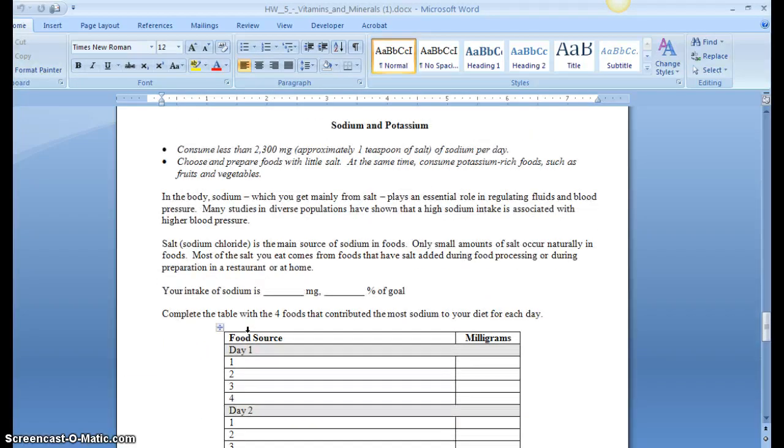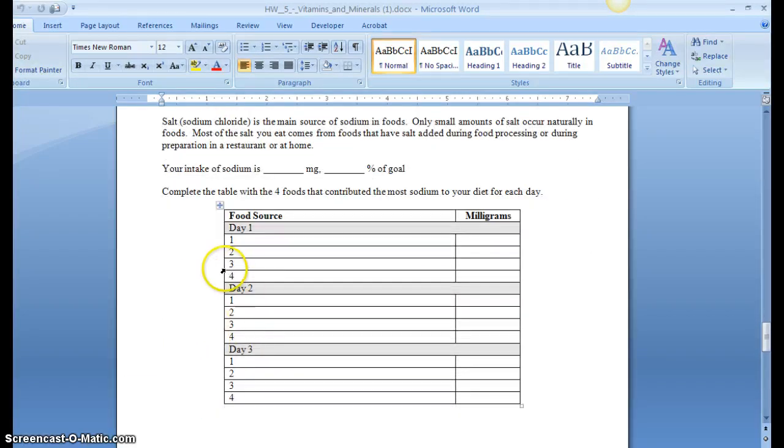And then moving on, sodium and potassium. Just know what your levels are. There's such a debate out there now about sodium intake, whether we really do need to limit our sodium intake, particularly if you have no health history or family history of high blood pressure. Is it really necessary to maintain stringent levels of sodium intake?